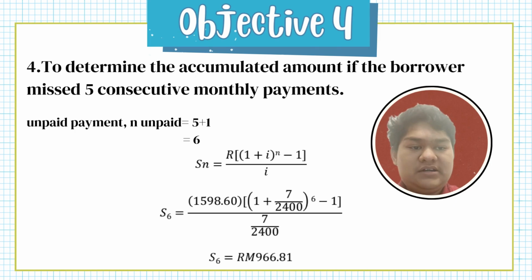Sn equals R times in bracket 1 plus I close bracket to the power of n minus 1 close bracket divided by I. S6 equals 1,598 ringgit 60 cents times in bracket 1 plus 7 over 2,400 close bracket to the power of 6 minus 1 close bracket divided by 7 over 2,400. S6 is equal to 966 ringgit and 81 cents.